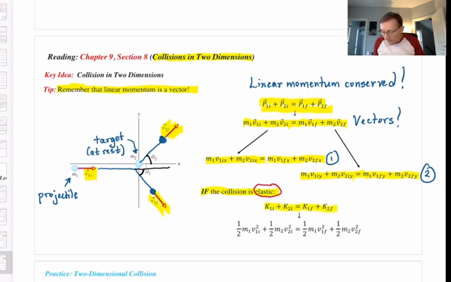Or 1/2 m1 v1 initial squared plus 1/2 m2 v2 initial squared must equal 1/2 m1 v1 final squared plus 1/2 m2 v2 final squared. Please note, any of those v squareds, I'll write it out for v1 initial, but it's true for all the v's you see in this equation. It really means v1 initial x component squared plus v1 initial y component squared.